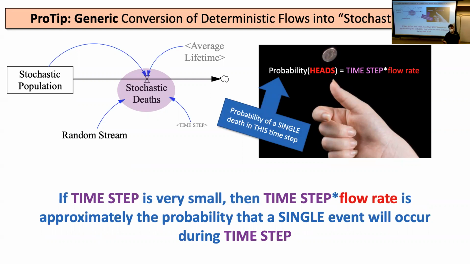And if we have a model for that, then we can generate this stochastic outflow. It turns out that this rule works if your dt is sufficiently small.